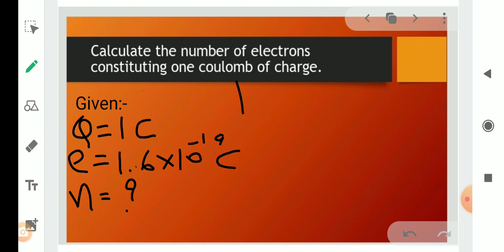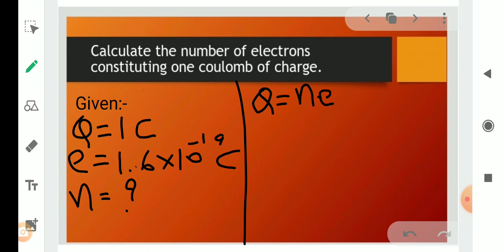So here the formula is charge Q is equal to N into E. N means number and E means it is the charge of an electron.